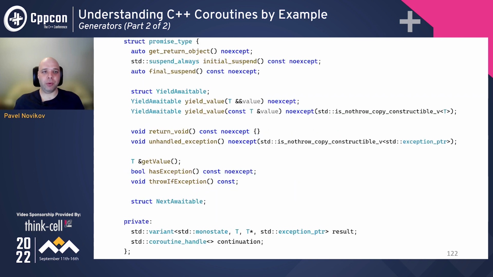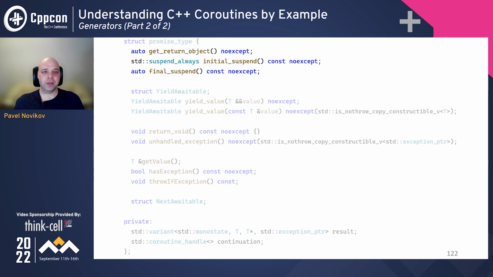So this is the promise. We have get return object, initial suspend, final suspend. We have yield value functions, which in this case return a yield awaitable instead of standard awaitable types. We have return void and unhandled exception. We have our convenience facilities: get value, has exception, throw if exception.